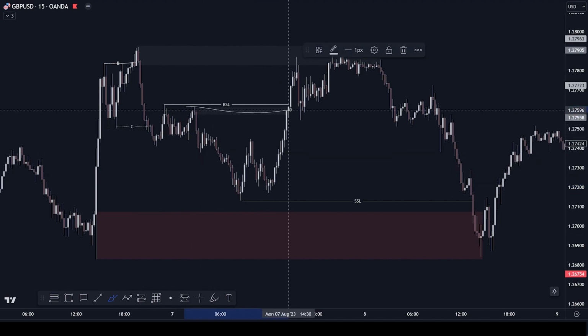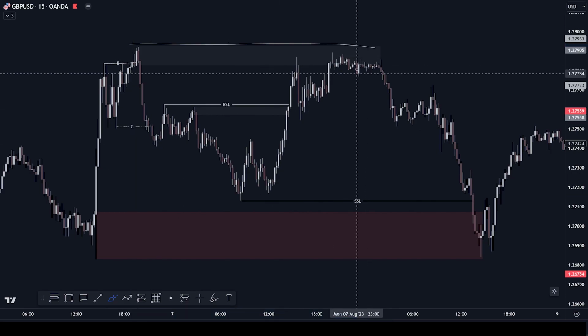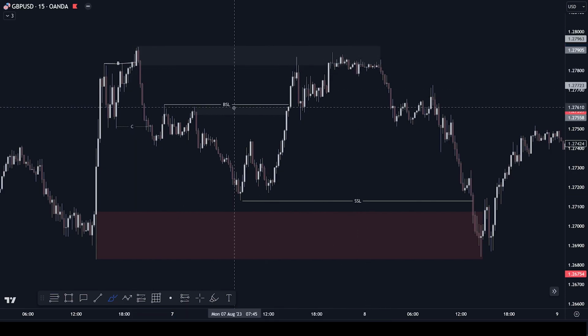So they prefer to take this one, because taking the other one they would wait too long, and in the end they would just be taken out because price will use them as liquidity. So this is really important to note: you need clear liquidity in order to fuel your supply and demand. Otherwise, your supply and demand will totally fail every time.